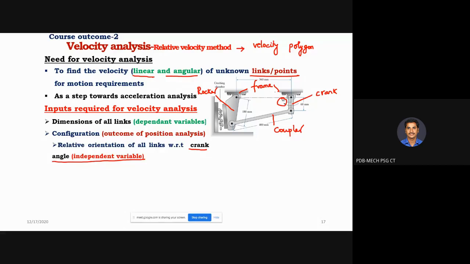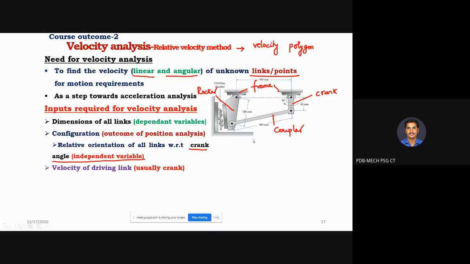So the input crank angle should be known. It is an independent variable, so we can vary this crank angle according to our convenience. For this particular instance, we are going to analyze the velocities of the other links for a 90-degree crank angle with respect to the frame. So the dimensions should be known, and the input crank angle should be known.